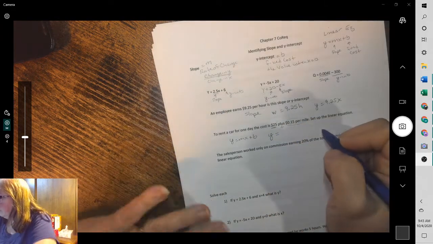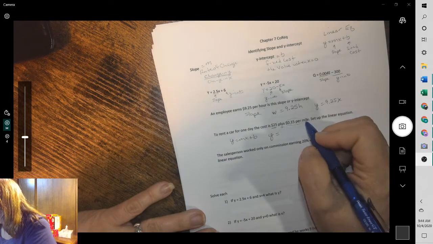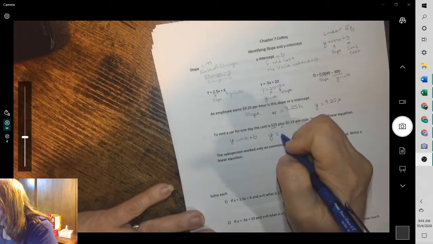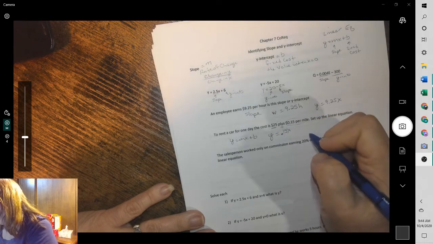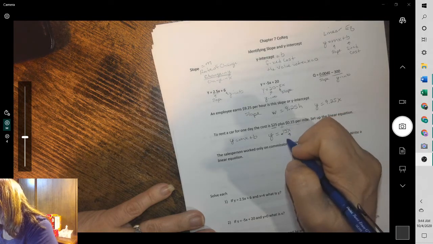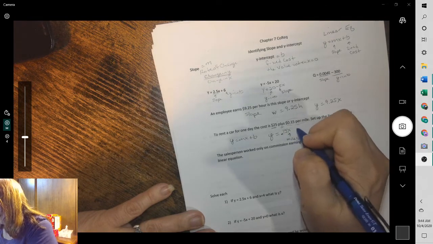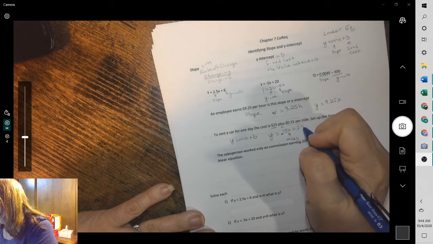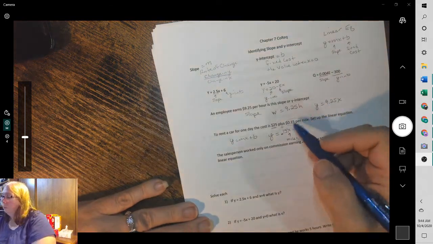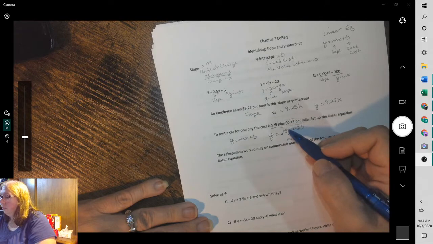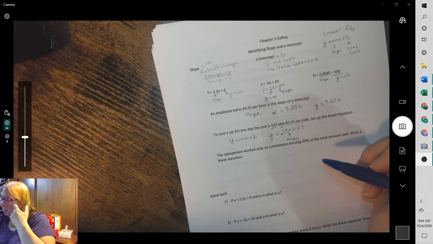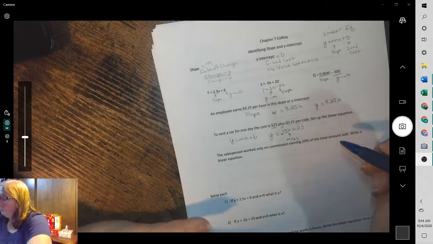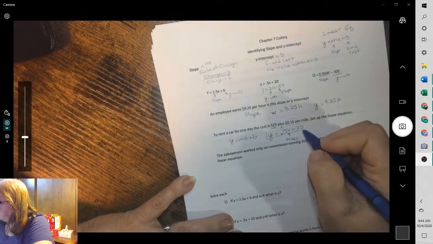If we keep the variables, 15 cents per mile, or keeping it in dollars, 0.15 per mile, x would be miles, plus our fixed cost. So it's $25. Even if you go to rent the car and then you don't drive it anywhere, you're still going to pay that $25. And so this would be your linear equation.